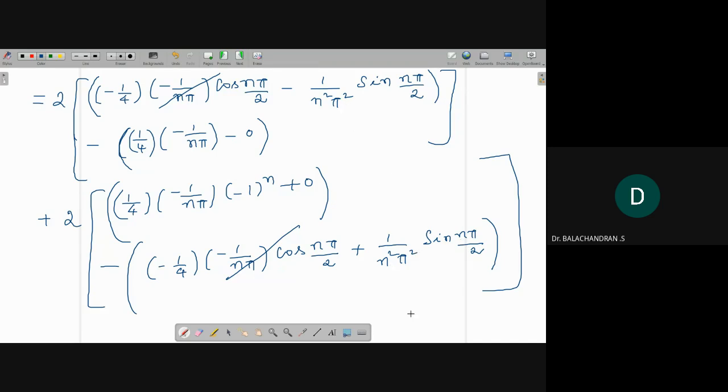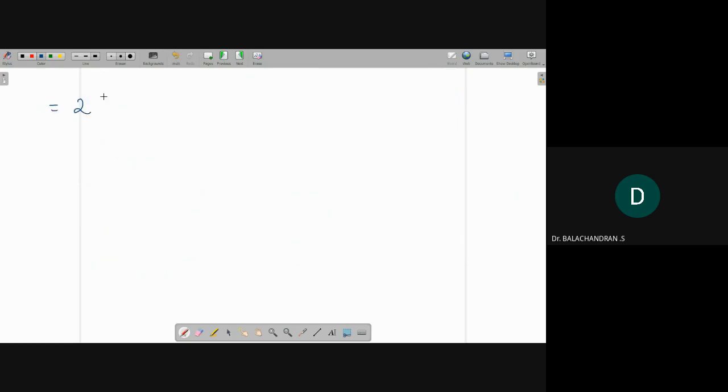You can add these two terms, which is equal to, I took 2 as common.